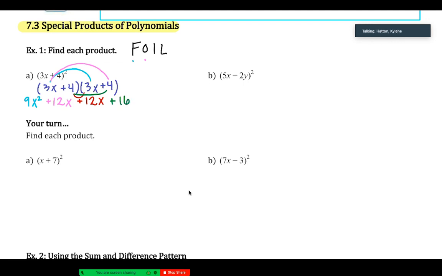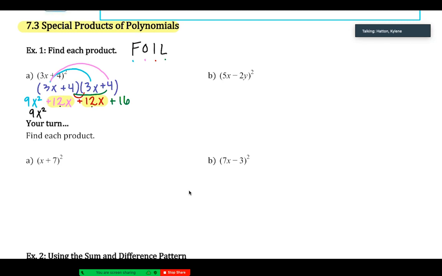And then remember, the next thing we always have to do is check for like terms. I have a 12x and a 12x that are both x to the first power. So I can combine those because they have the same variable to the same exponent. I'm going to bring down my 9x squared. I can combine the 12x and the 12x. I just need to add the coefficients.